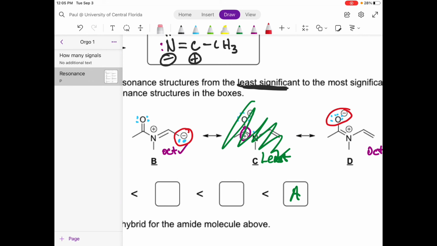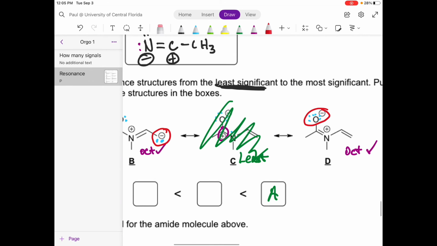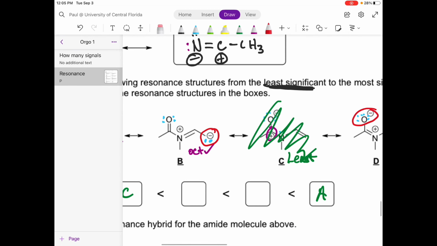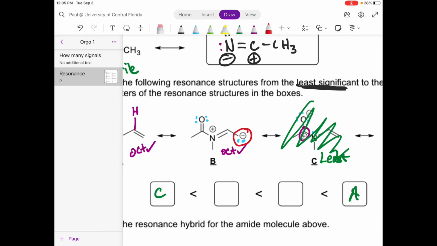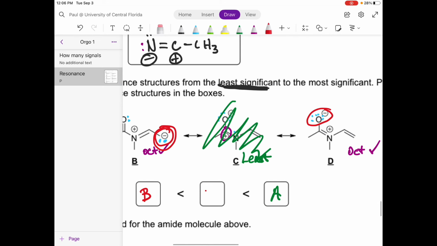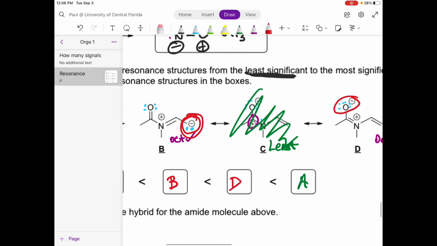And so that's going to make D more significant, which then by default would make B less significant because it has the negative charge on the less electronegative atom. So B is going to be less significant and D is going to be more significant, giving us that order there.